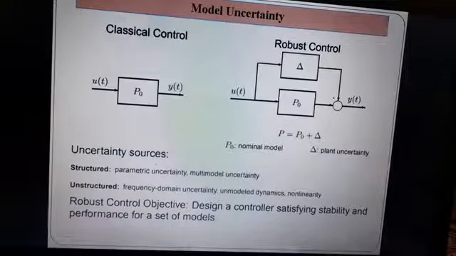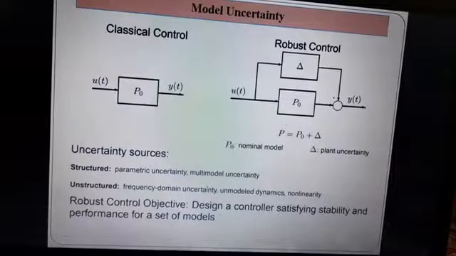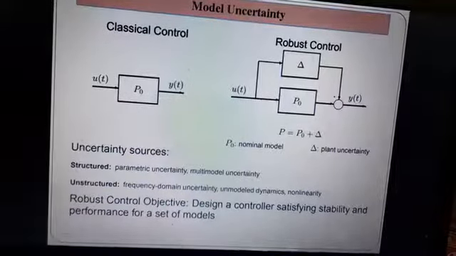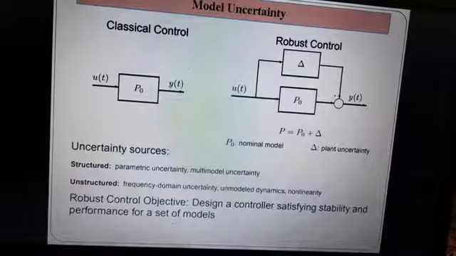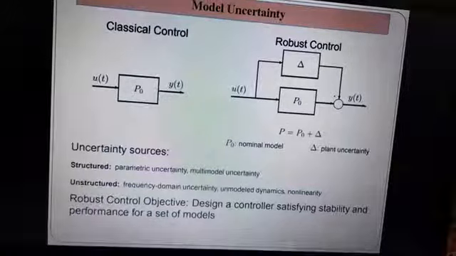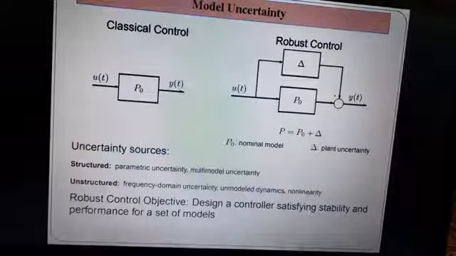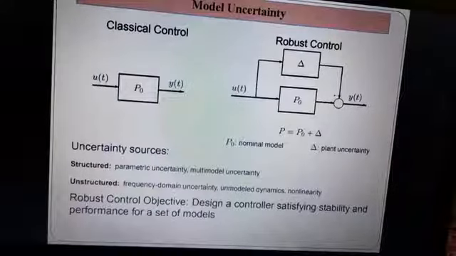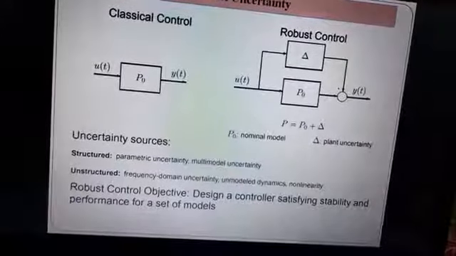In today's discussion session, I'm just trying to give you a glimpse, a basic introduction about robust control. So what is the robust control objective? As a control engineer contributing in the design domain, we have to design a controller which should satisfy stability and performance for a set of models, that means a set of uncertain models.